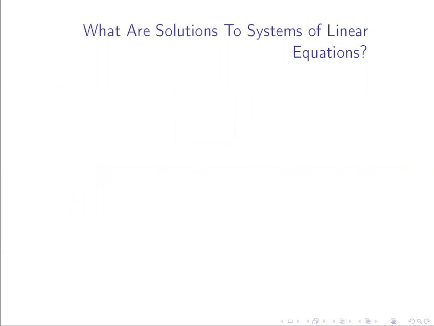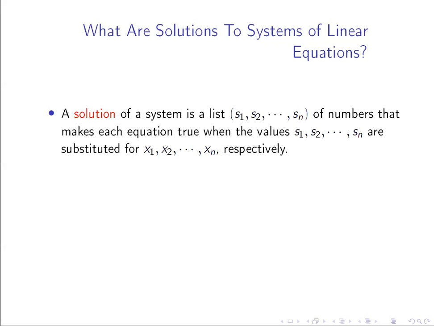All right, so what are all the different possible solutions? Well, this should take you back a little bit to algebra. A solution in general is a list, S1, S2 through Sn, of numbers that satisfy it. Now notice the order of these is important.